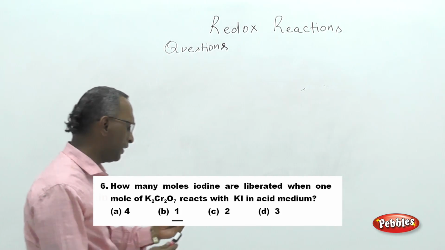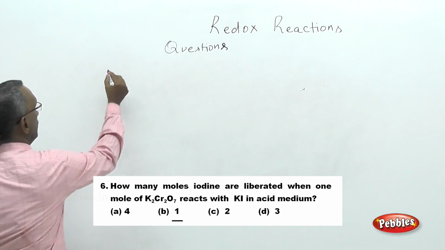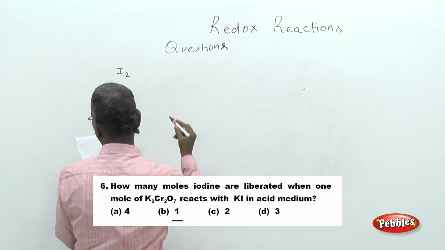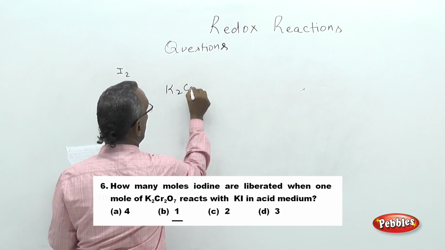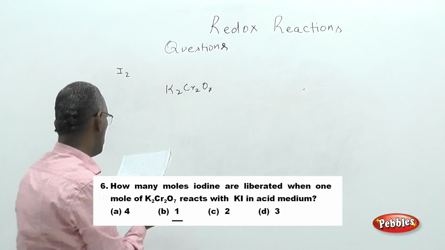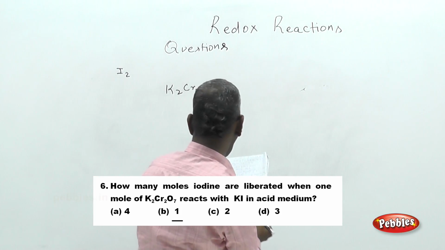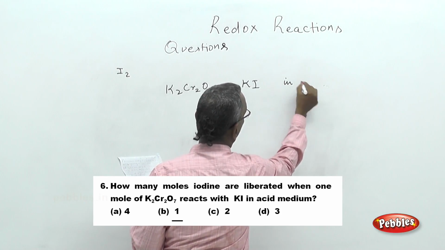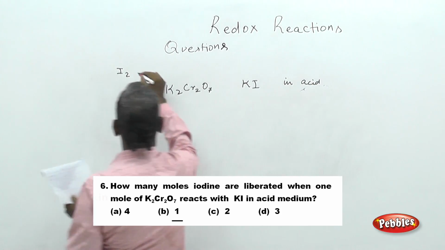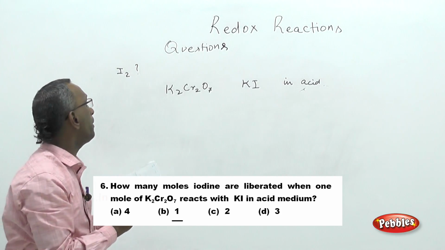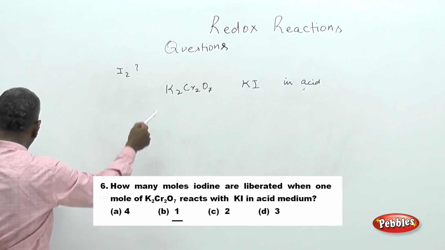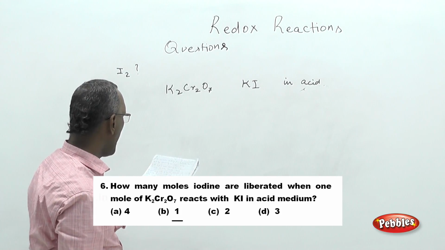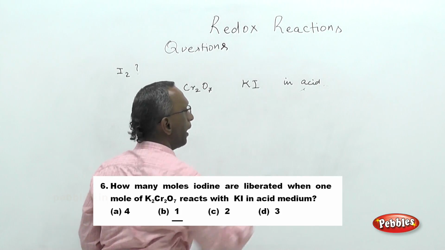This question reads: how many moles of iodine are liberated when 1 mole of potassium dichromate, K2Cr2O7, reacts with potassium iodide in acid medium?